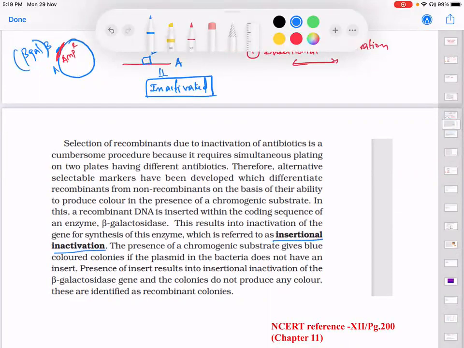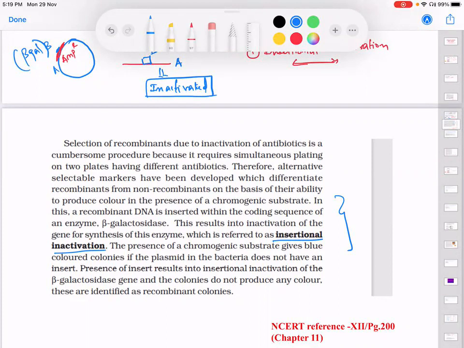Okay, so the concept has been given, and as in the case of previous questions 1 and 2, this is not a direct question. From this paragraph you need to understand what insertional inactivation is, then you have to apply it, and it is better that you know the structure of PBR322.